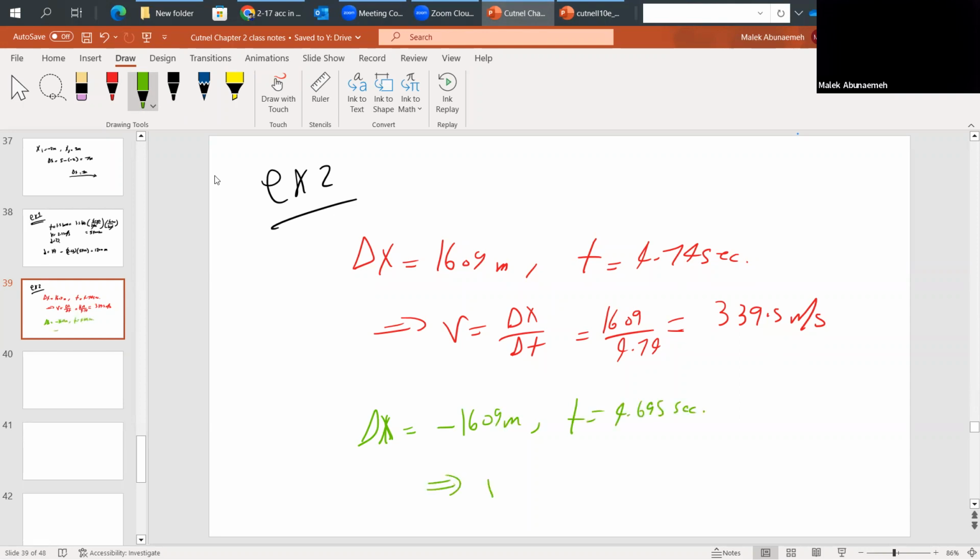That means your average velocity, which is your delta x over your delta t, is going to be minus 1609 divided by 4.695. So you should get 342.7 meters per second.